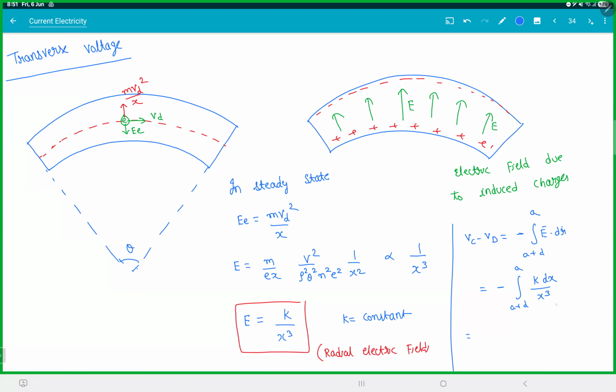X power minus 3, so that is x power minus 2 by minus 3 plus 1, so that is minus 1 by 2. Integral 1 by x square will be 1 by a square minus 1 by a plus d whole square, into k. This is your transverse voltage.